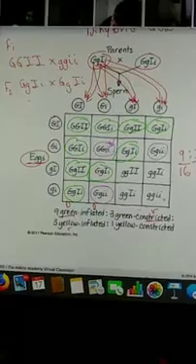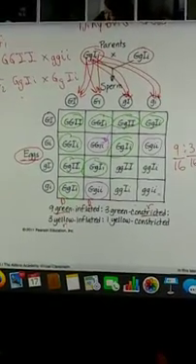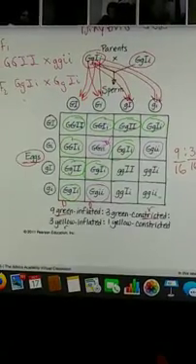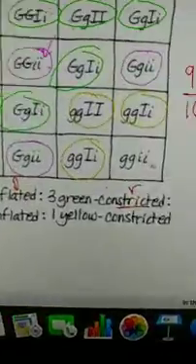On the other hand, there is a 3 out of 16 chance of being dominant for shape but recessive for color, so being yellow but inflated. Here's yellow but inflated.